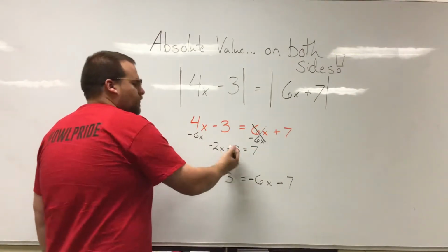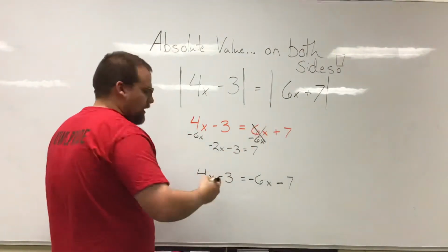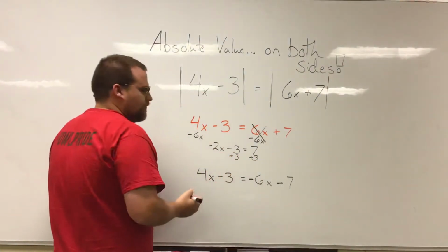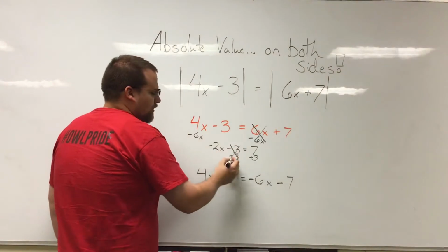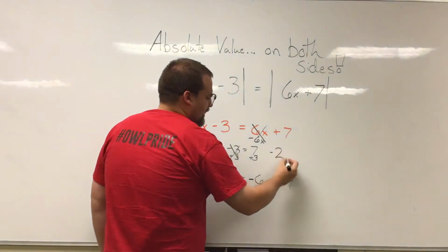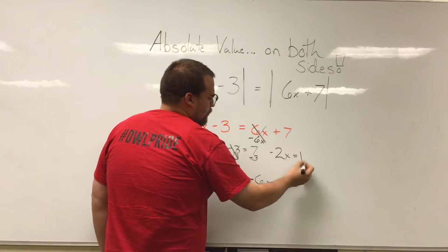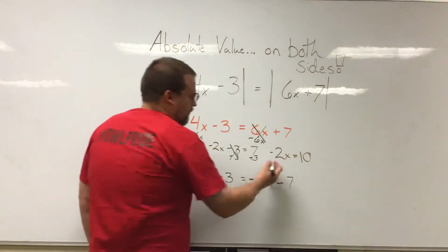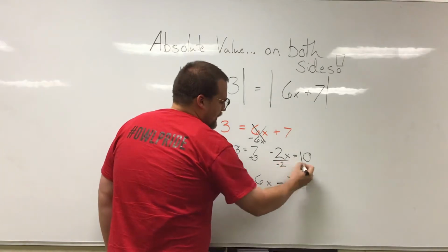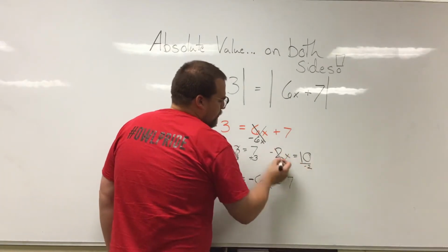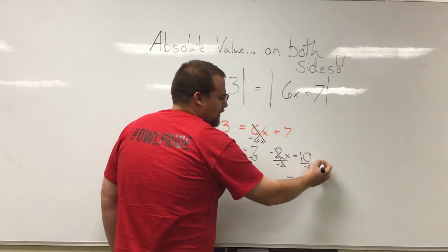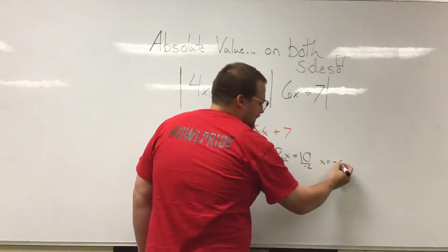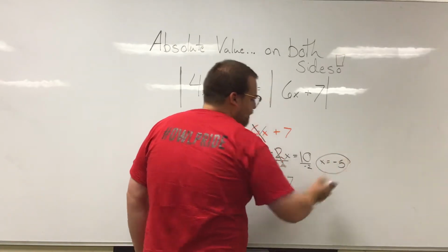And then I want to move those whole numbers to the other side. Plus 3, plus 3. Those will cancel out, and we'll get negative 2x equals 10. We just have one final step left. Divide by that negative 2 and get x equals 10 over negative 2, or if you just divide those, x is negative 5.